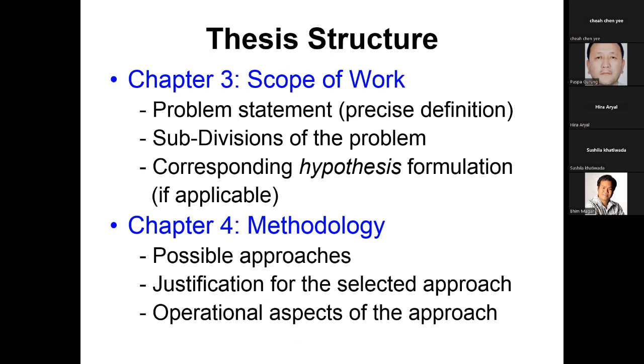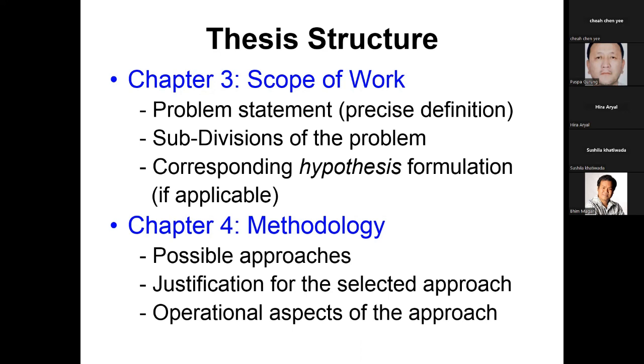So here you have to write down the scope of your research. Then you have to make a statement of the research problem, then subdivisions of the problem, then hypothesis. It comes related with the solutions of the research problems, and then what type of research methodology you are going to discuss, possible approaches, justification of the selected approach, operational aspect of the approach.